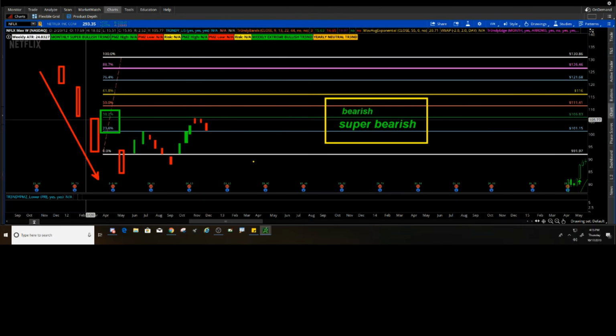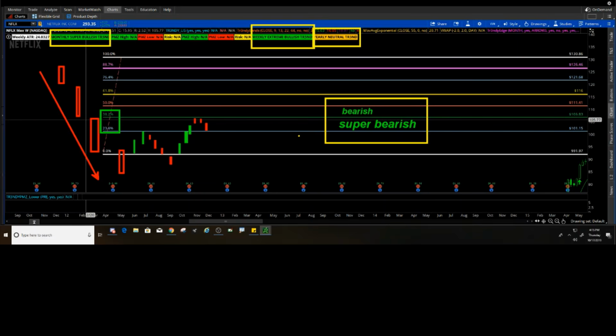Very, very important. Now, what you will find on our screens here at Trendy Options, and this is part of our scripts here, is that this here, the weekly super bullish trend, the yearly neutral trend that's up here, and then over here, you'll see the monthly super bearish trend, all of this is calculated by past performance within a monthly, a yearly, and a weekly.